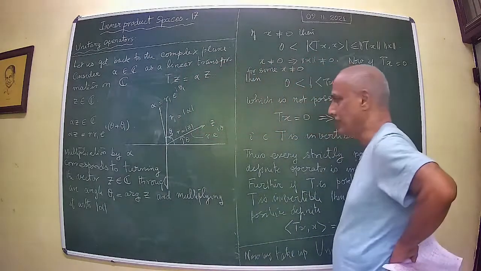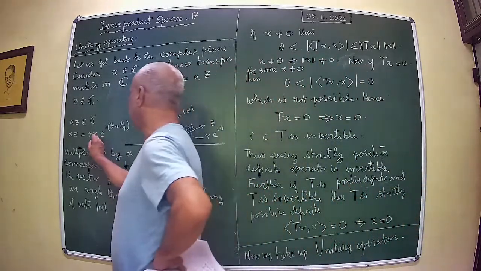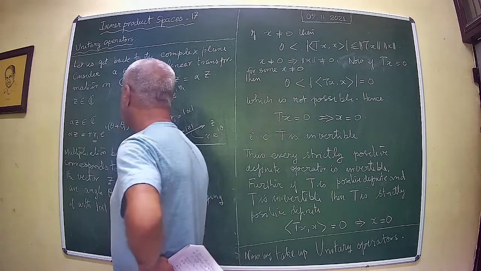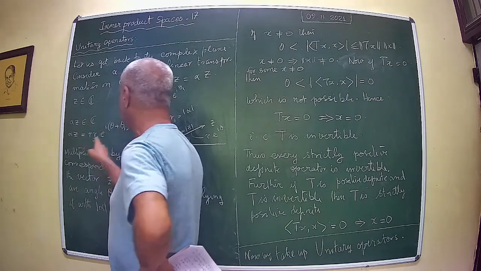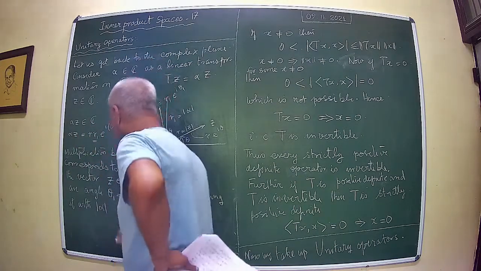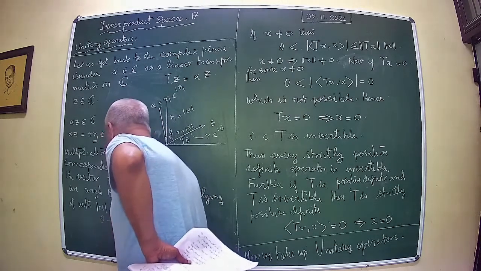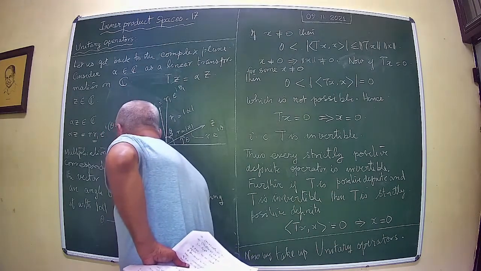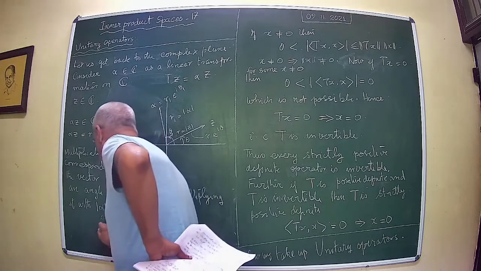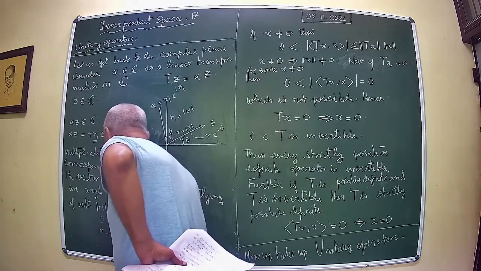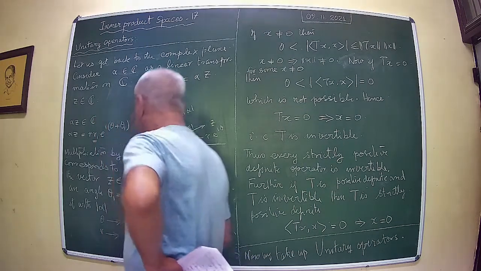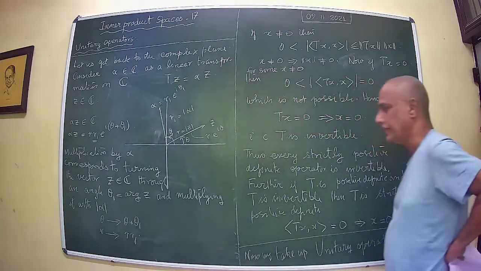So you are multiplying by R1 and changing the argument from theta to theta plus theta 1. R is changed over to R1. This is the transformation that is taking place.